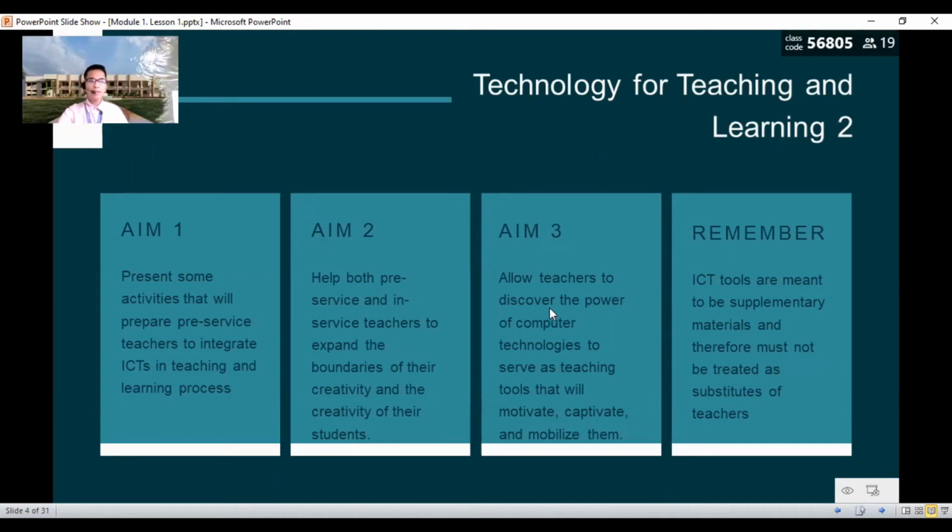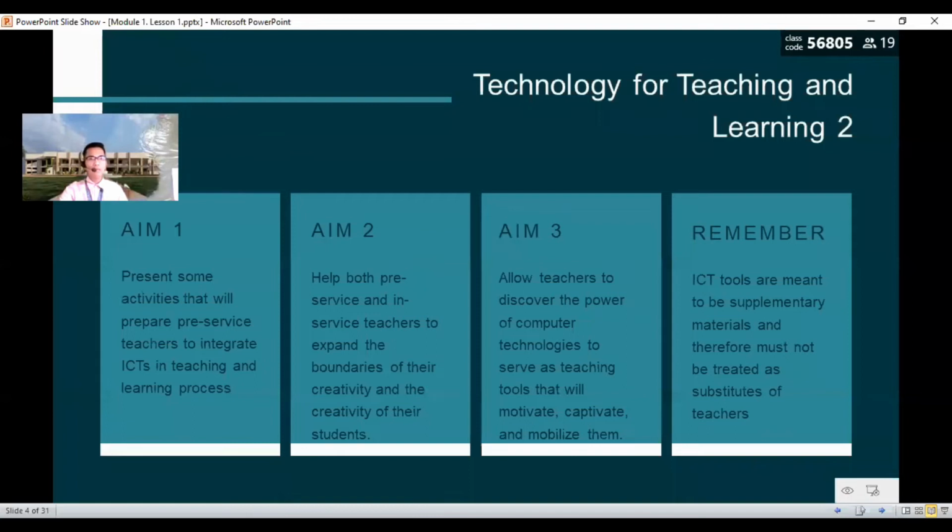Right? Next is that, kasi nga, even kayo ngayon, ang gagaling nyo na, you know how to navigate Canvas based from the activities that I have posted. You provided me with diverse tools, diverse ICTs, diverse digital tools. Meron sa inyo na gumamit ng Canva, and kahit in the form of TikTok, napaka-creative.